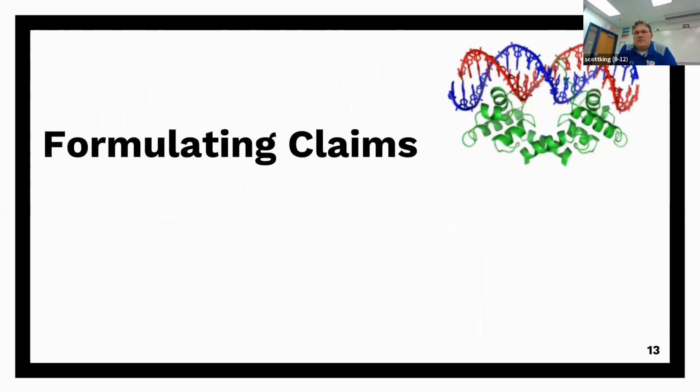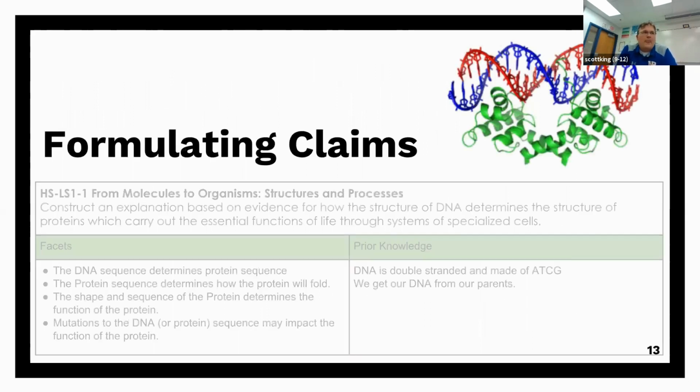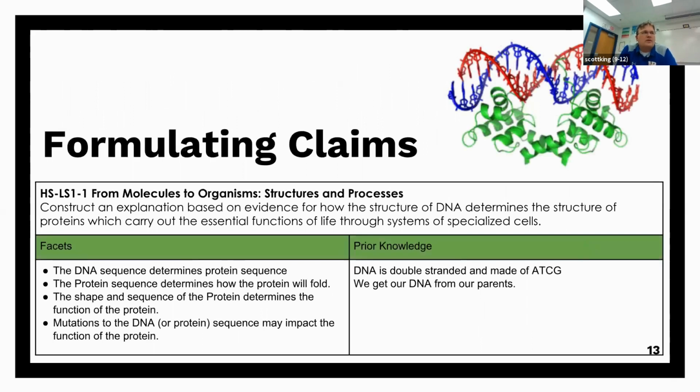So to help us make sure we're finding a good phenomenon, we're going to start with formulating claims. And so looking at our standard again, LS1-1, we need to come up with the facets. And the facets here, people like to equate them to a diamond or a gem. That we have each of the flat surfaces on a gem are one of the facets or one of the key pieces of the gem that makes it the precious stone that it is.